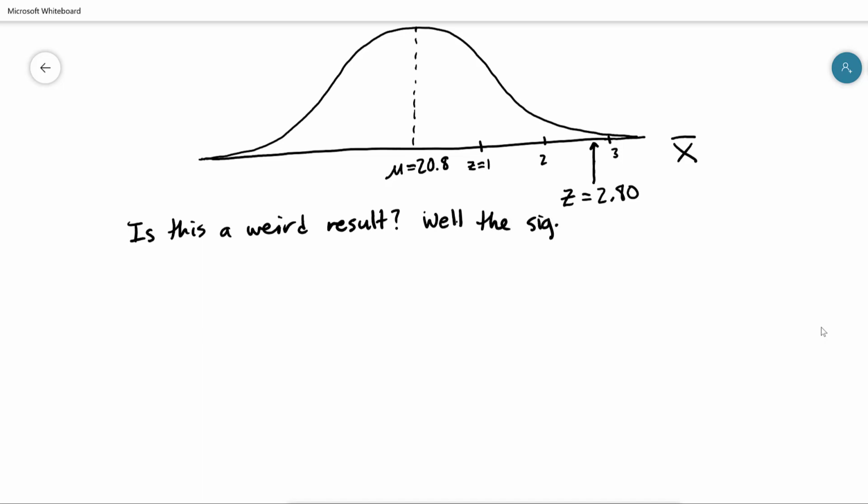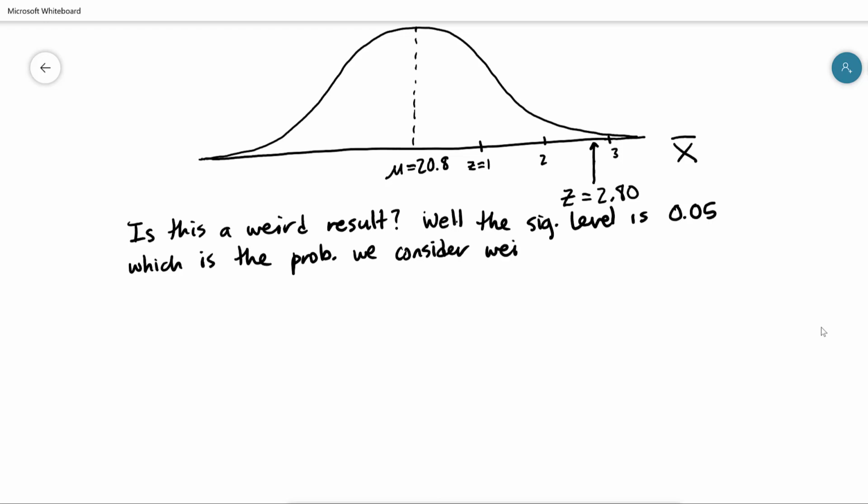The significance level is 0.05, which is the probability we consider weird, or unusual.